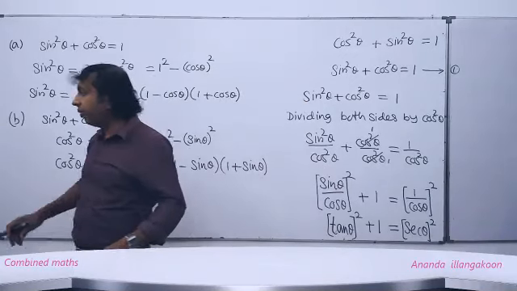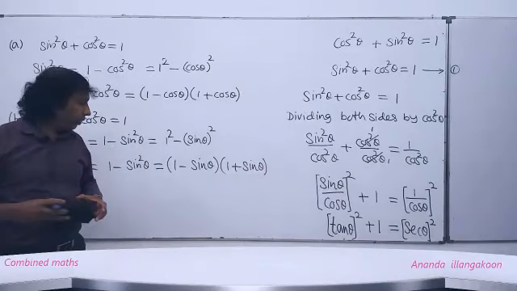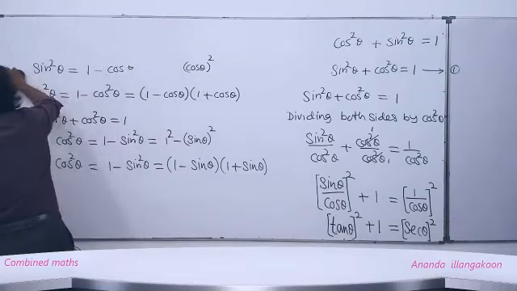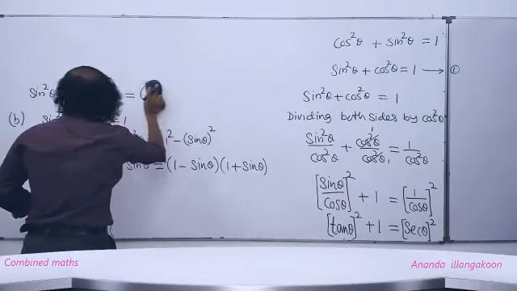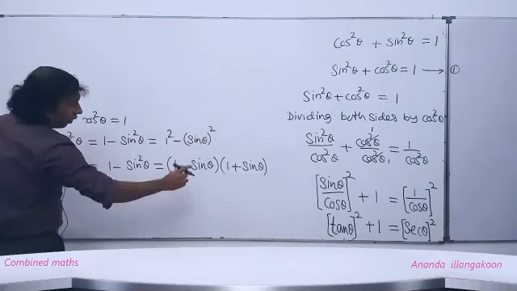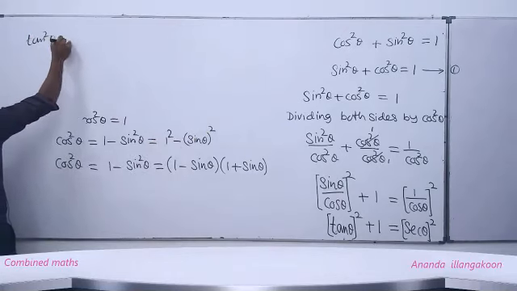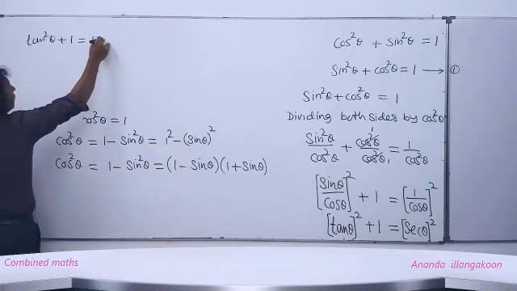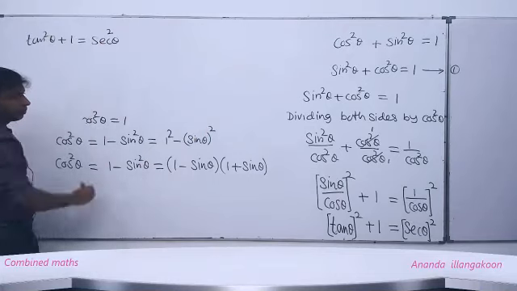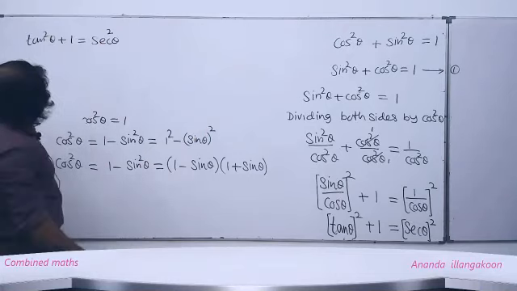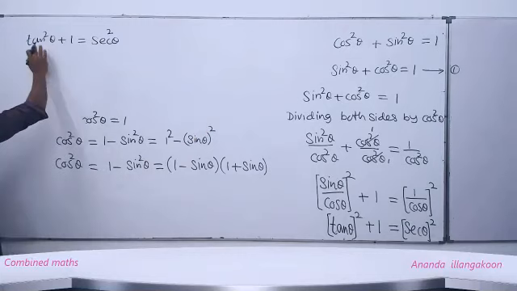So then we get here like this. Tan squared theta plus 1 is equal to sec squared theta, right? So this is written tan squared theta plus 1.